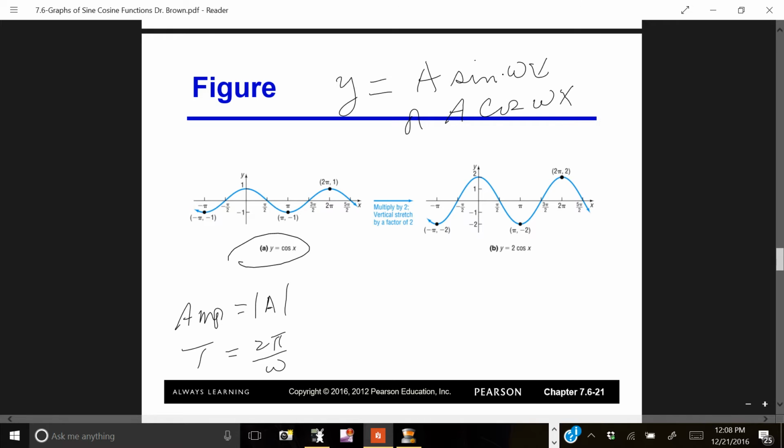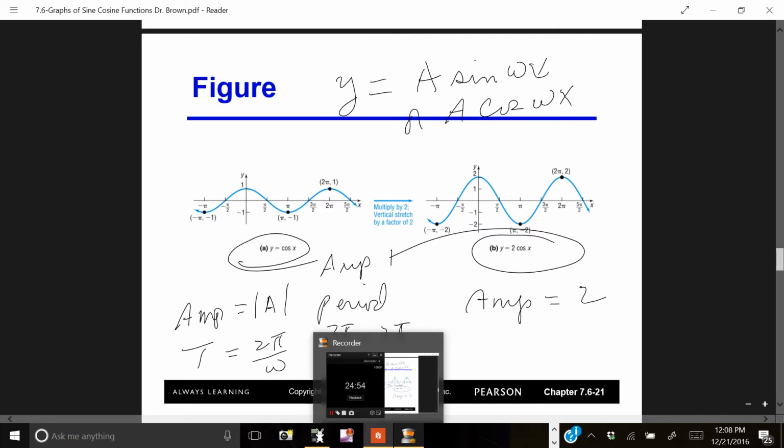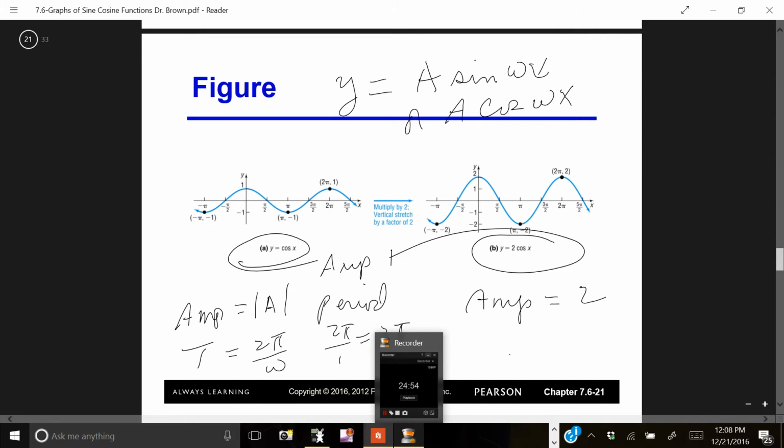So in this case, this is an amplitude of 1, a period of 2 pi over omega, which is 1, is equal to 2 pi. This one is going to be the same, except the amplitude is 2. And of course, the period is equal to 2 pi.